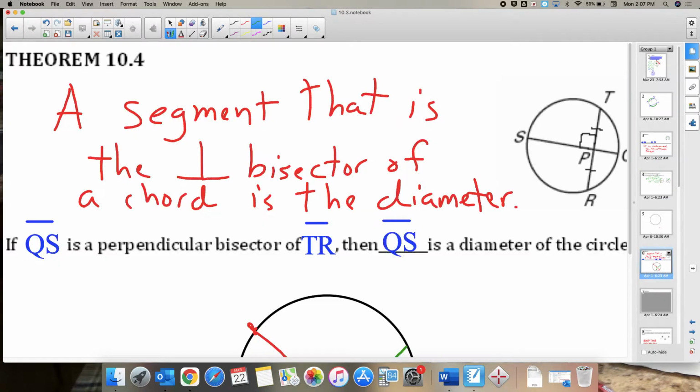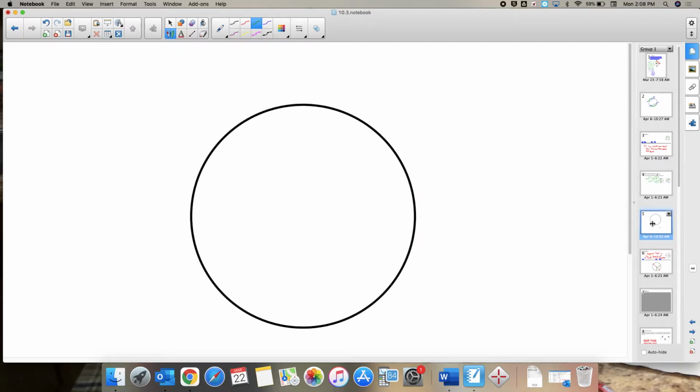For our next idea, right, basically says that whenever you have a chord that is the perpendicular bisector of another chord. So here's my chord. If I'm going to be the perpendicular bisector of that, I'm going to have to bisect that chord and be perpendicular to it.